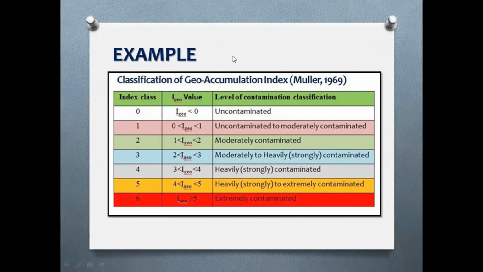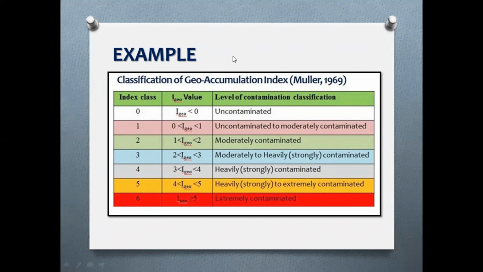For example, in geoaccumulation index, the calculated Igeo value will be based on the calculated value obtained. Then we can determine which class it belongs to, and from the class, we will then be able to determine the level of contamination.